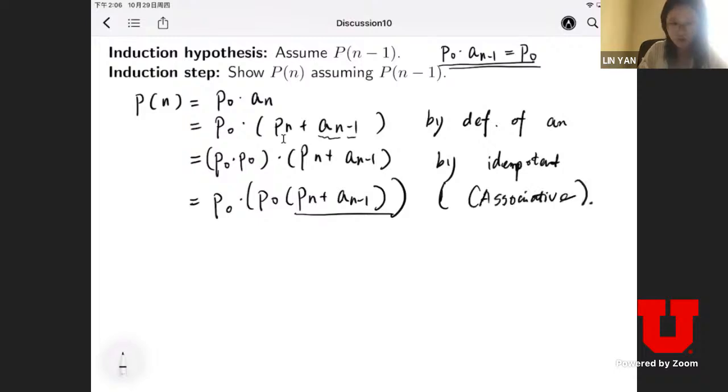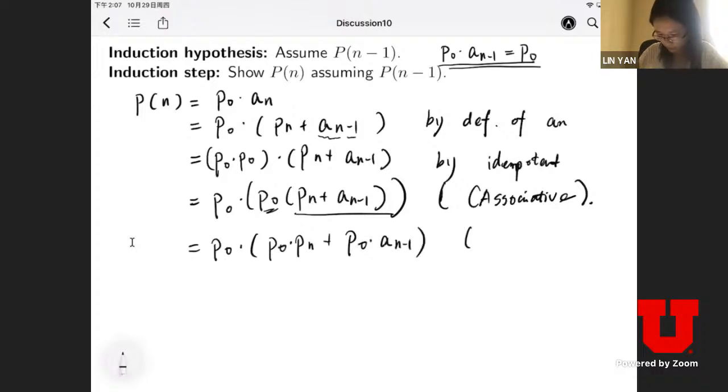Then we can use distributive to plug P0 in, and it is equal to P0 times P0 times Pn plus P0 times An minus 1.